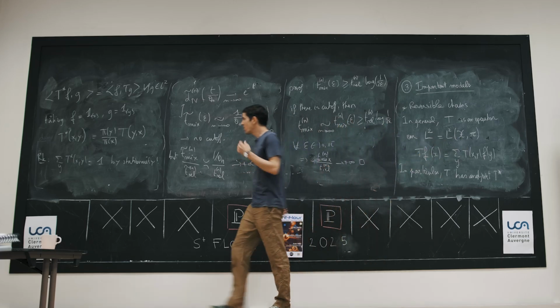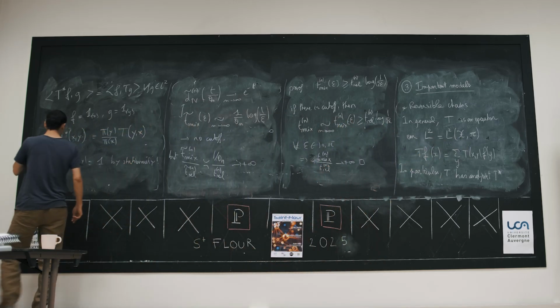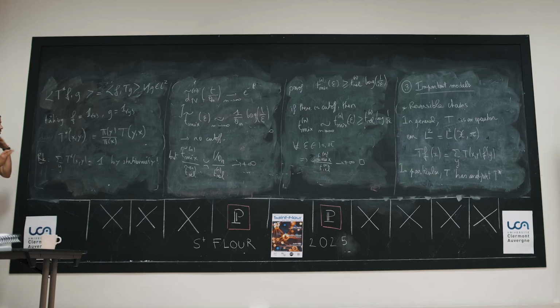Also, if T is irreducible, then this is irreducible, because if you look at the diagram of your chain, you are just reversing the direction of all the arrows. So if your graph was connected, it still remains connected in the other direction.